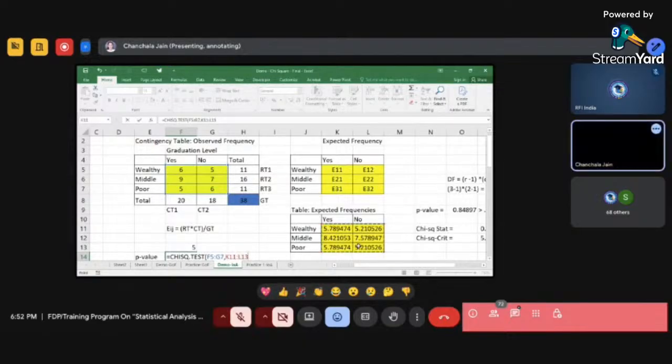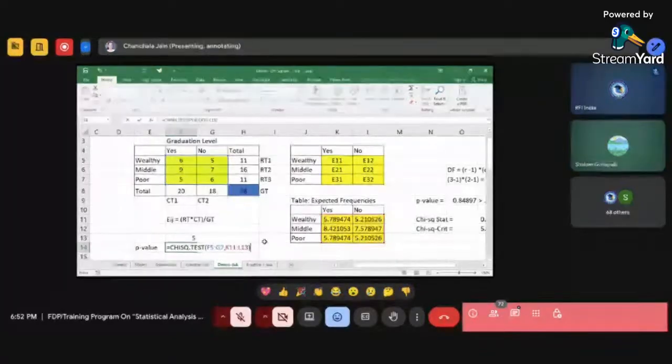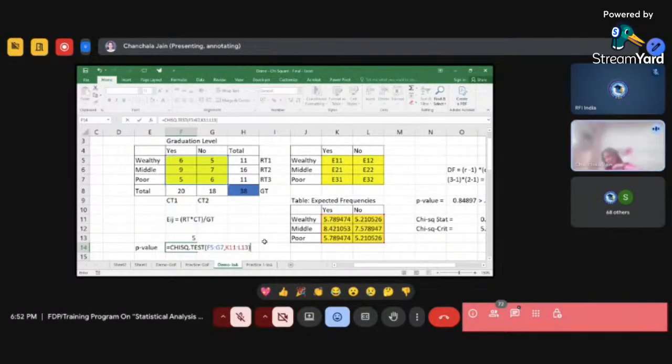Total you do not need to select here. You need to be a little cautious. This is observed frequency which you have counted. This is expected frequency which you have calculated. Done?